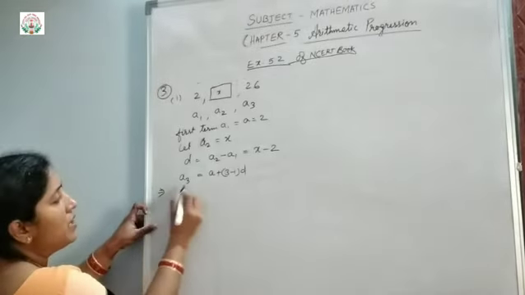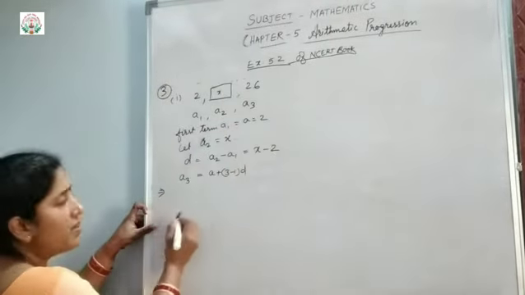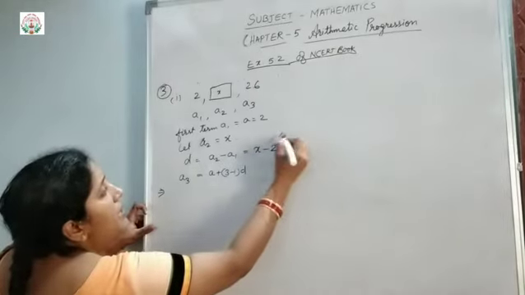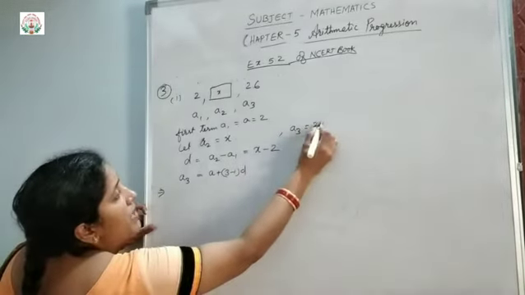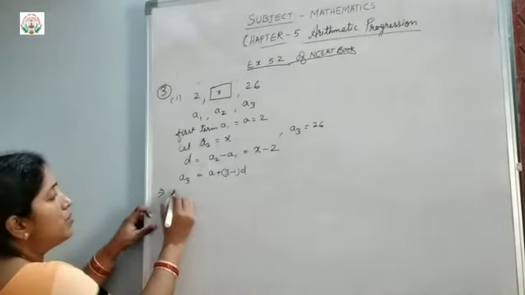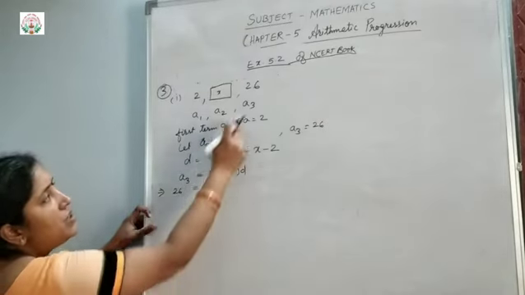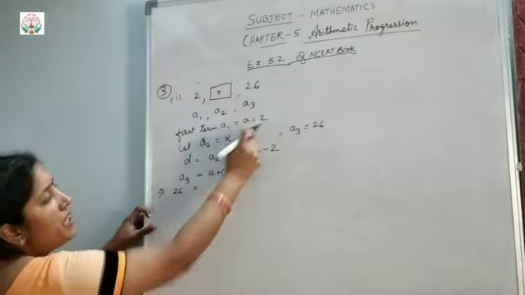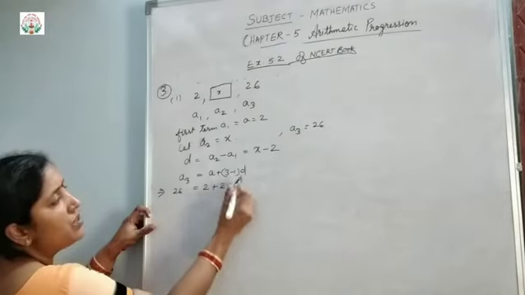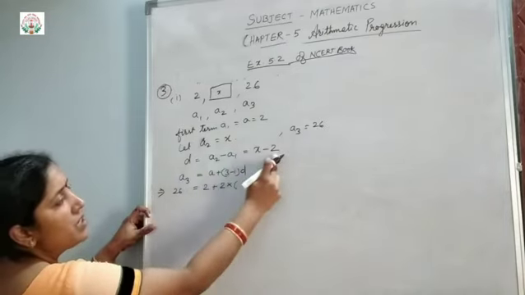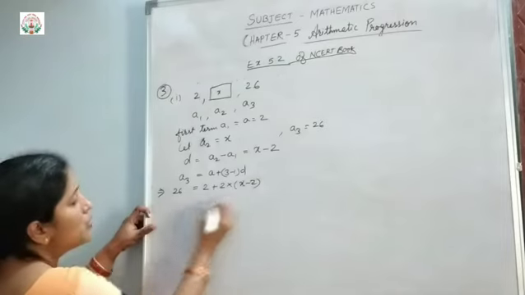Now A3 value is already given, 26. So put the value here: 26 equals A, the first term, which is 2, plus 3 minus 1 which is 2, into D. D we have just taken as X minus 2.